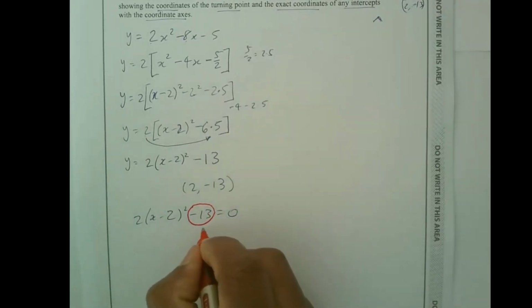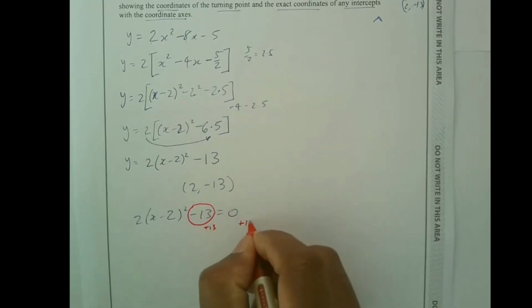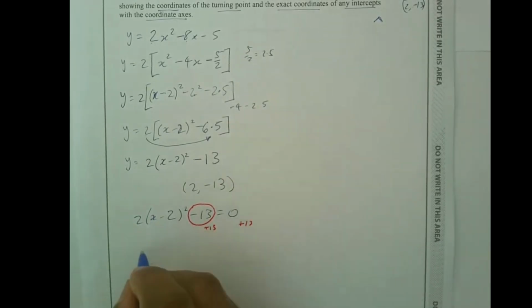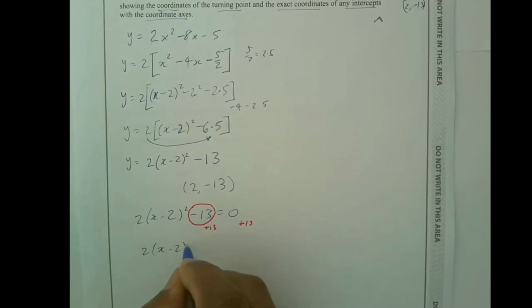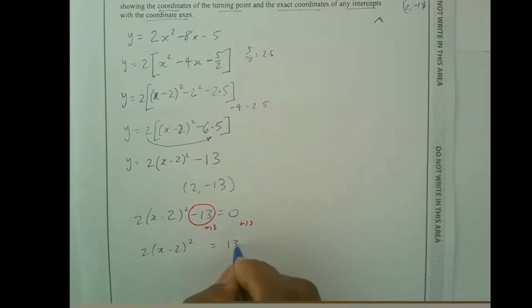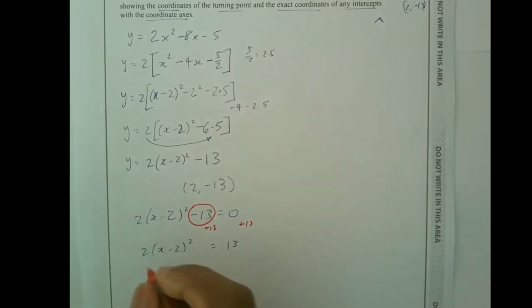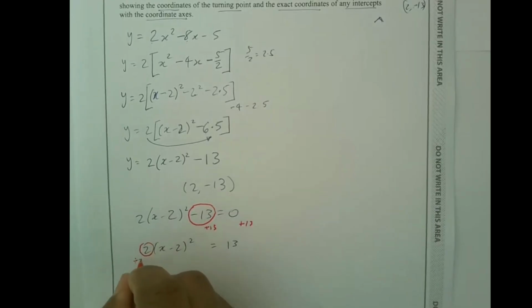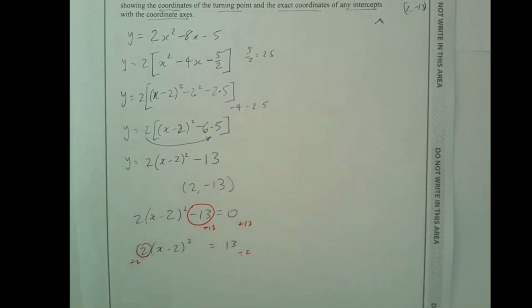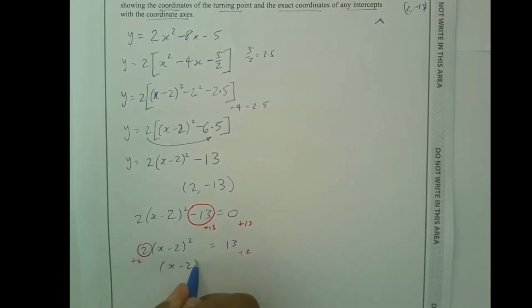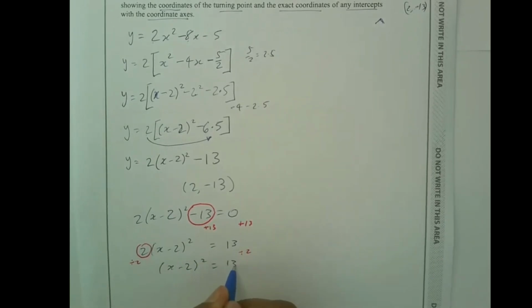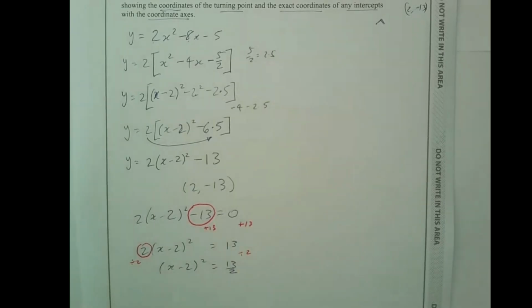Anyway, let me just carry on. So plus 13 on both sides, so I've got 2 lots of x minus 2 all squared equals 13. And then I can divide by 2 on both sides. So I've got x minus 2 all squared equals 13 over 2, which is 6.5.